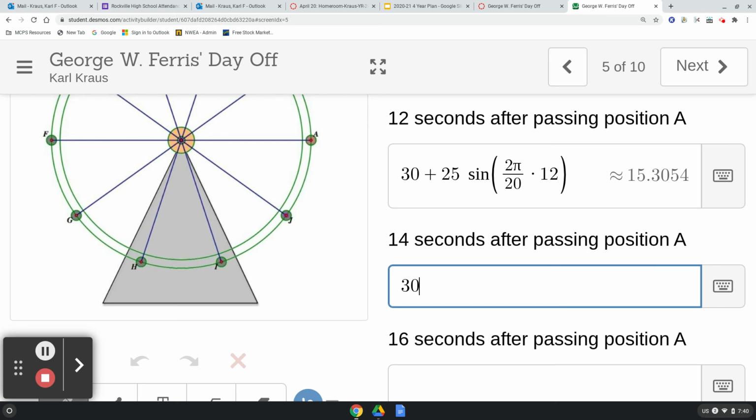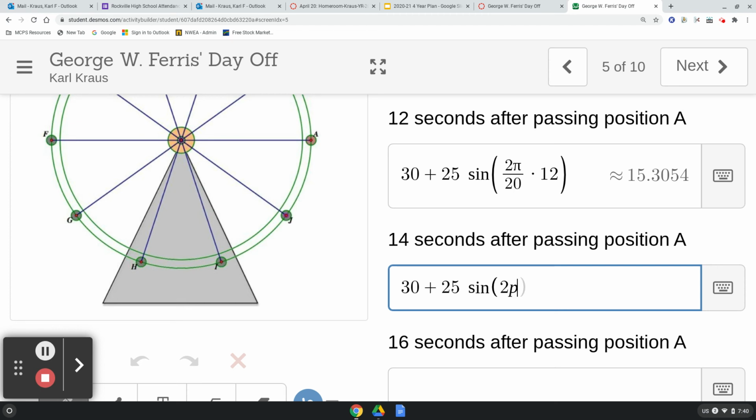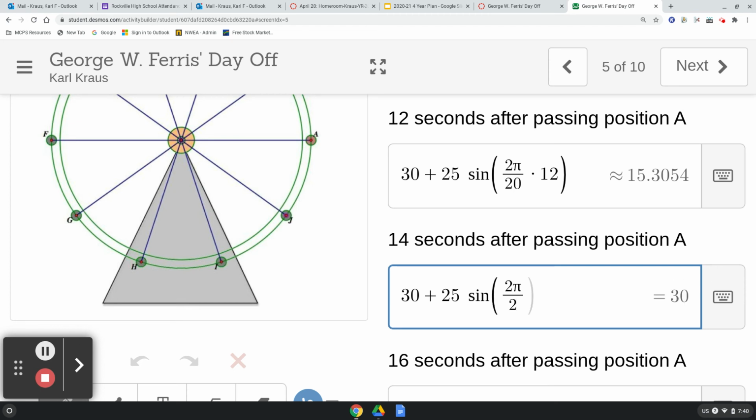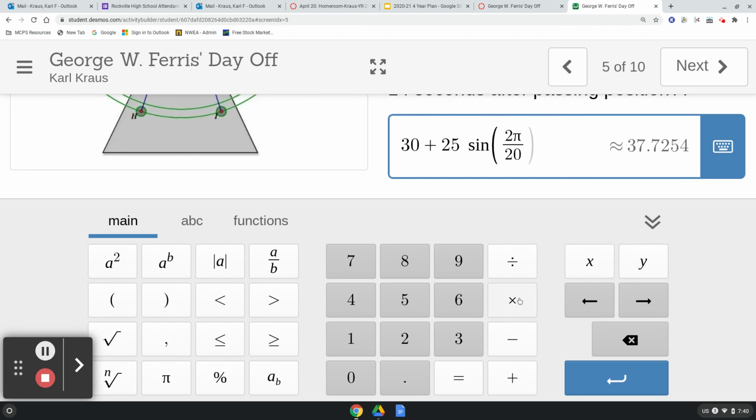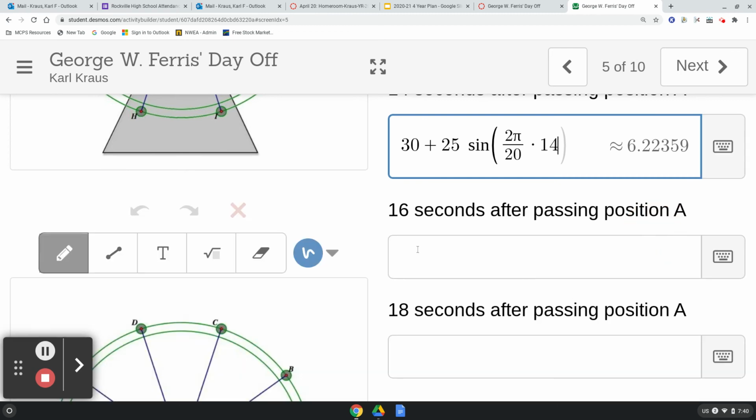And then 14 seconds is 6.22359, same as H. And then 16 seconds should be the same height.